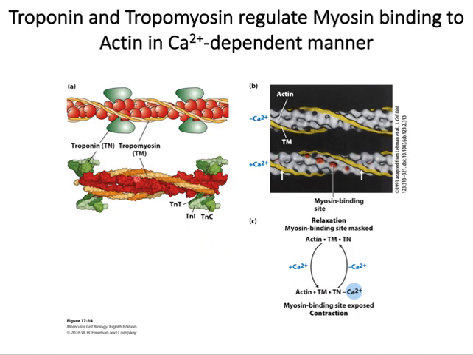So the role of these 2 proteins is to facilitate muscle contraction in the presence of calcium and prevent it in its absence. So basically, tropomyosin blocks or uncovers the myosin binding site, which is controlled by the troponin.